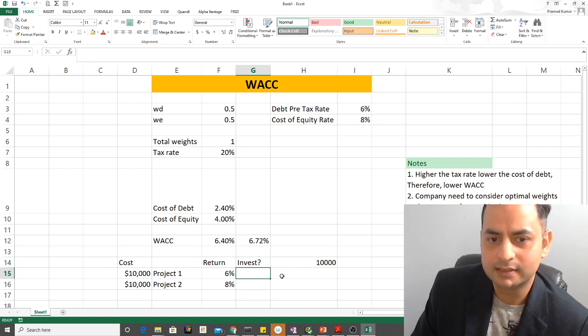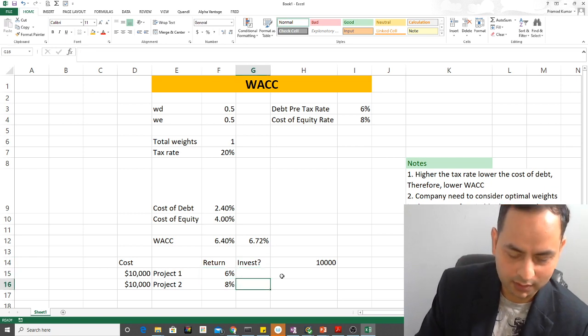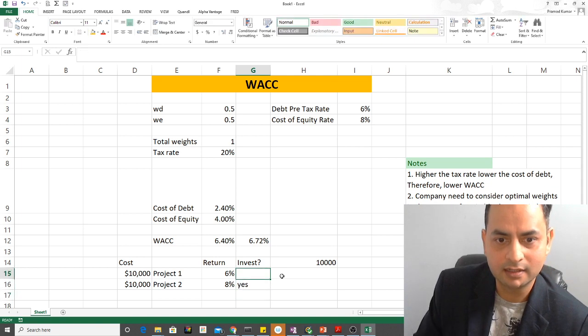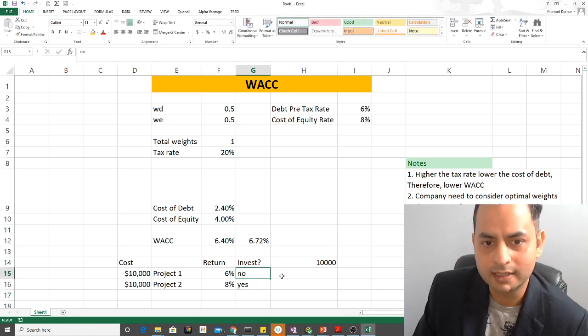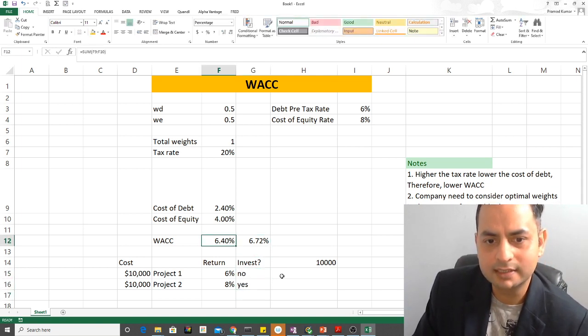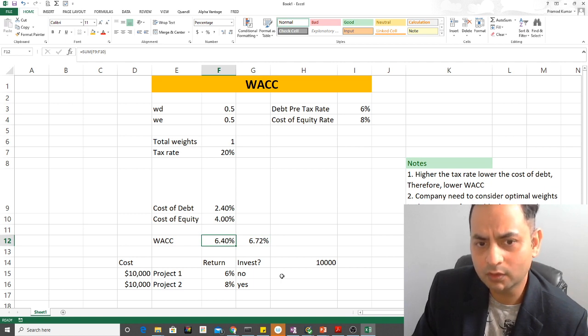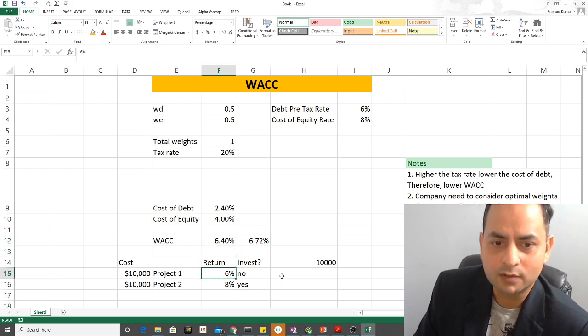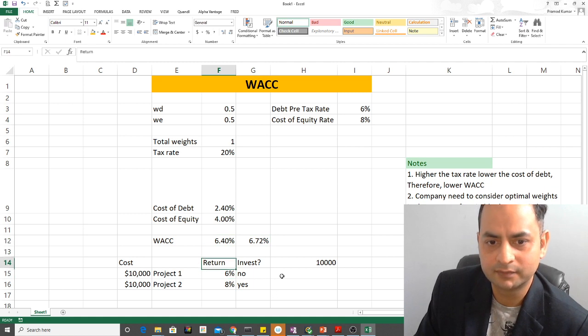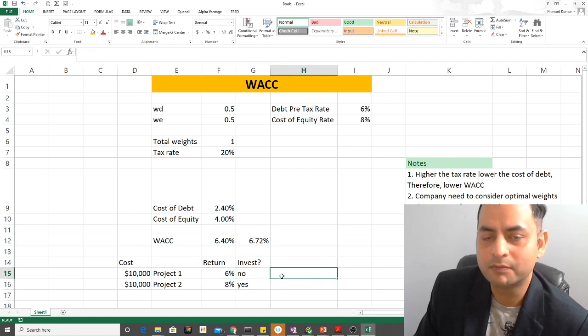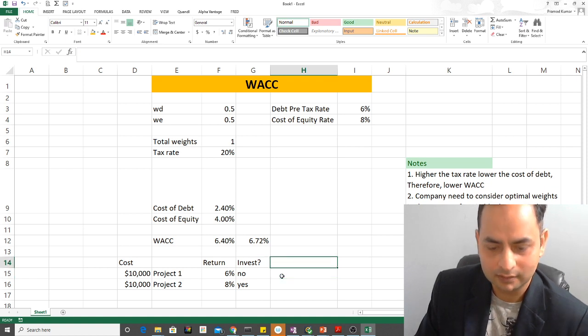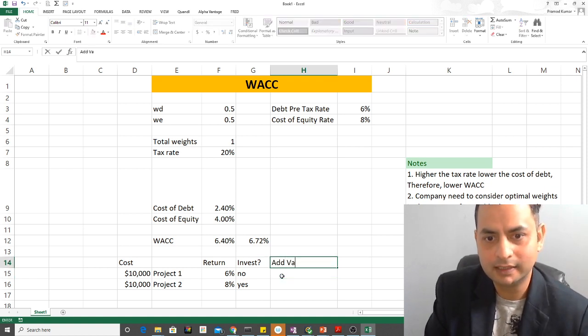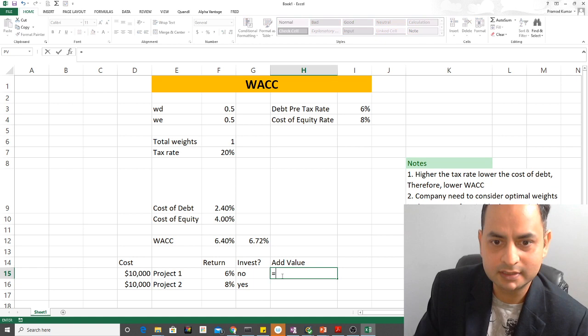The easy answer is the company should invest in project 2, yes and no. Why? Because our WACC of 6.4% is higher than our return on project 1, so the company won't add value.